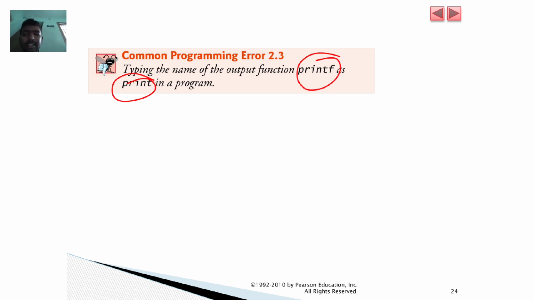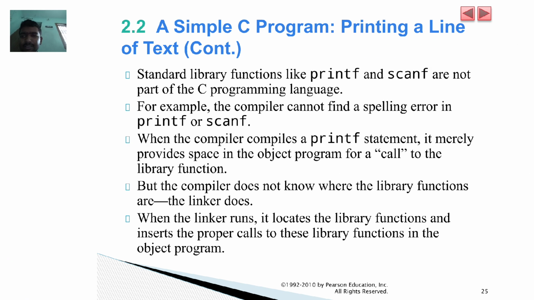The actual syntax is printf, so people who have adapted to something else will directly use print, then it will throw an error. So kindly use printf. It is the correct way to use in the C language. In Python it will be correct, but obviously in C it is an error.